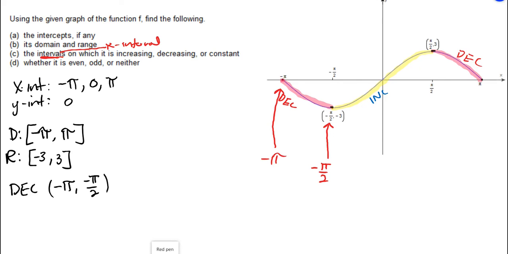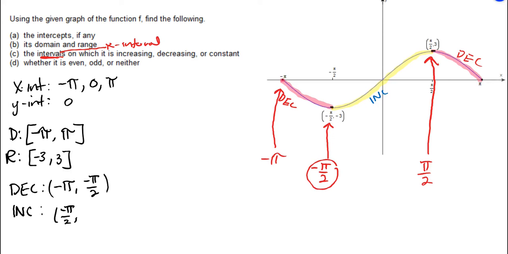Then the next interval is increasing, and we've already seen that that starts at negative pi over 2 and that ends at pi over 2. So we can say that our graph is increasing, starting at negative pi over 2 to pi over 2.